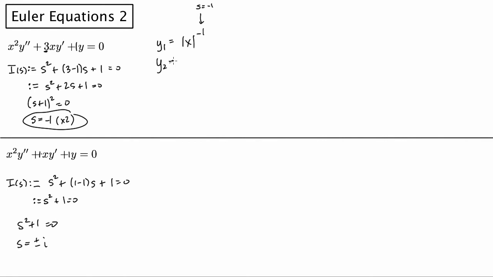And y2, remember, you multiply by the natural log of x, so this is absolute value of x to the -1 times the natural log. With the natural log, it's got to be the absolute value of x, otherwise we wouldn't be able to plug in x less than 0. And so my general solution is (c1 plus c2 natural log of x) times absolute value of x to the -1.